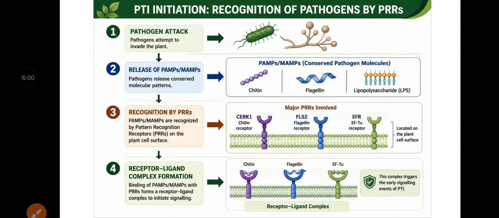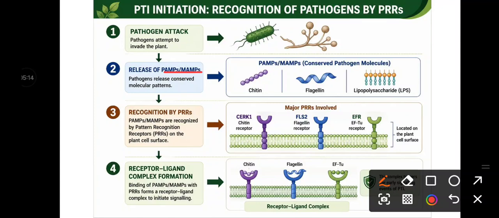This is how the PTI signal is activated. First, the pathogen will attack and invade the plant. When the pathogen attacks, it releases the MAMPs or PAMPs, the signature conserved molecules, which are recognized by our pattern recognition receptor present on the cell surface.